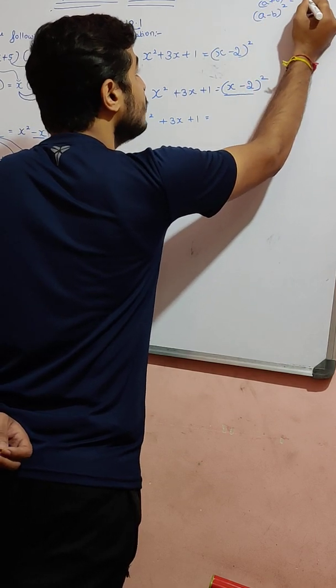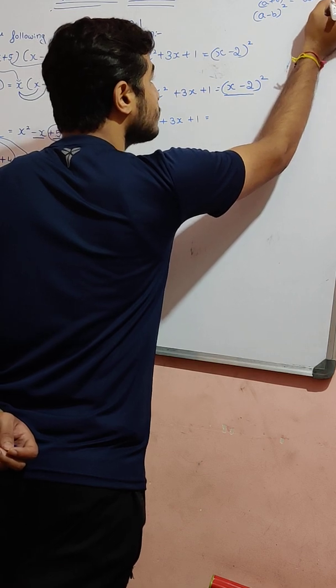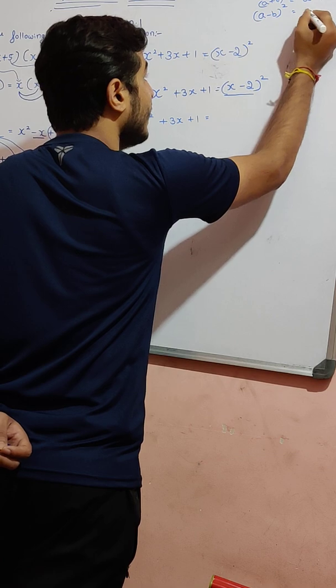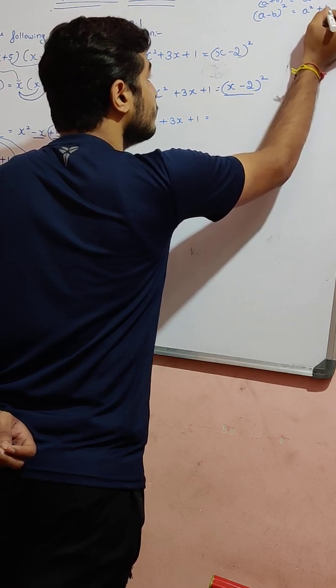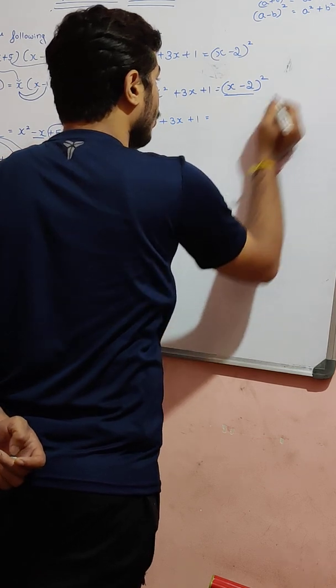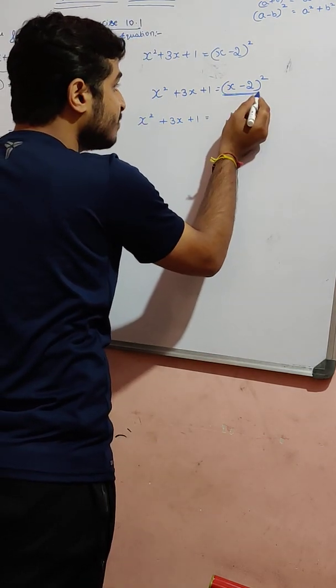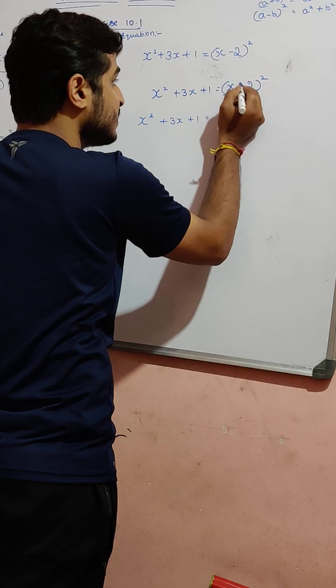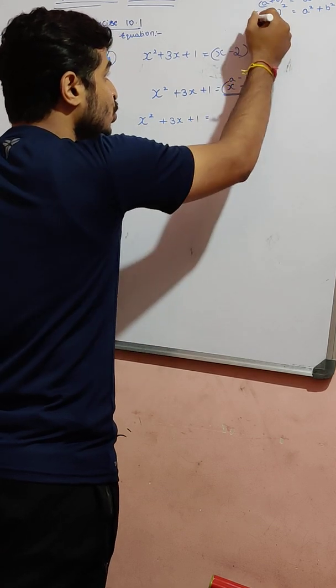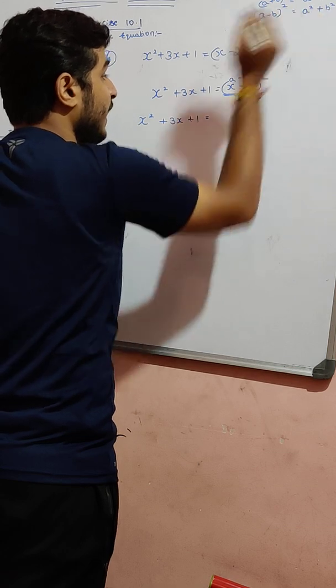What is a plus b whole square? a square plus b square plus 2ab. What is a minus b whole square? It is a square plus b square minus 2ab. Now how to write x minus 2 whole square? x minus 2 is nothing but a minus b. Now you should use these formulae.